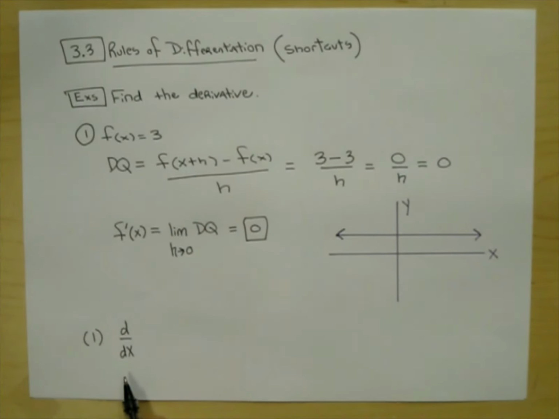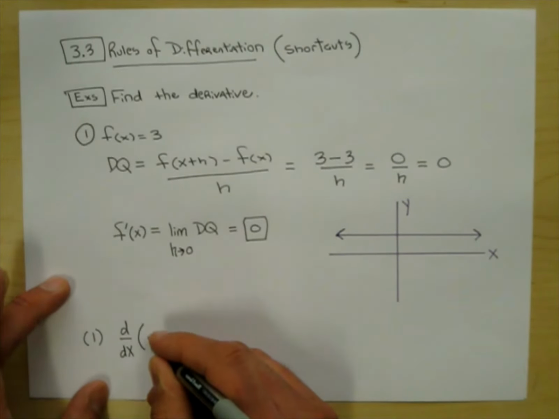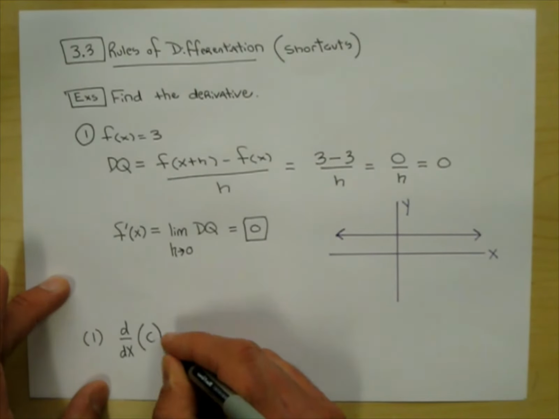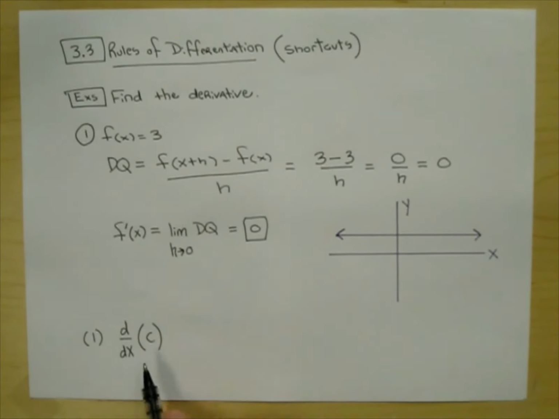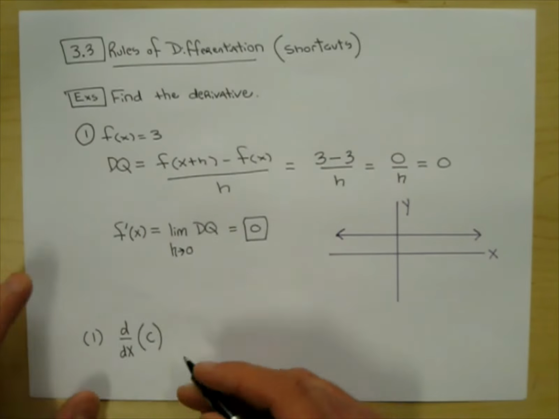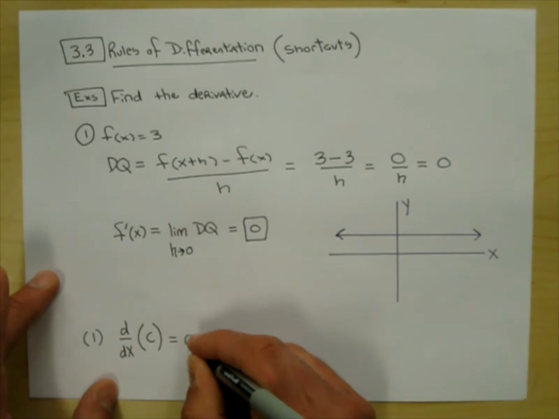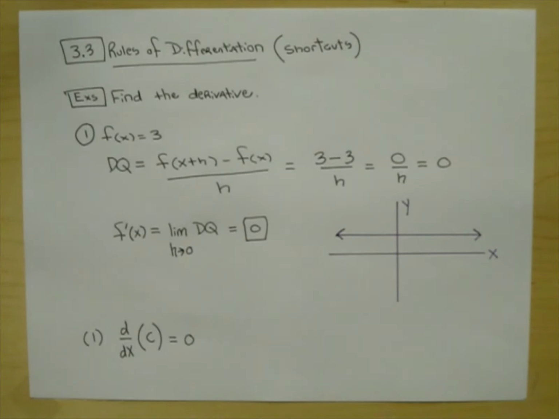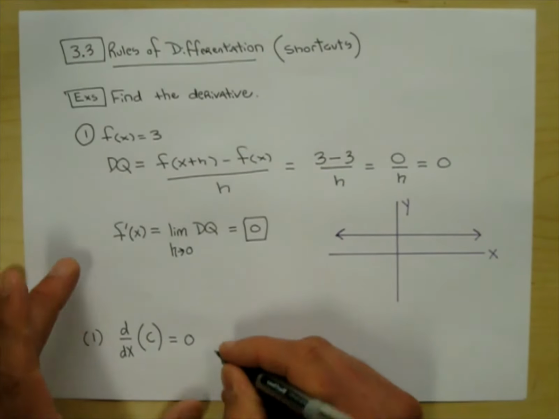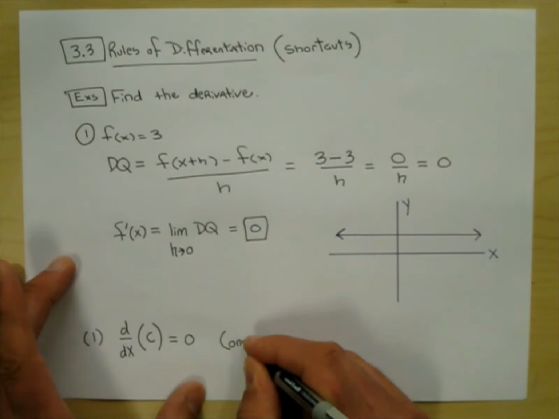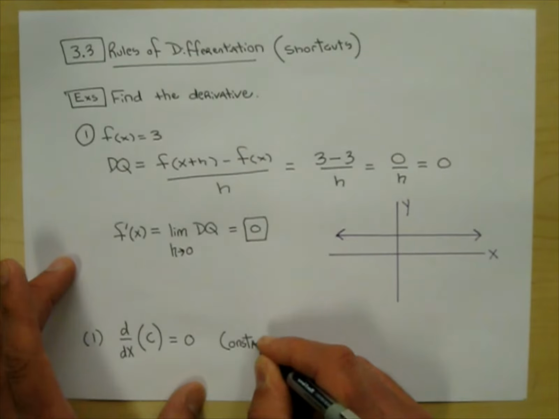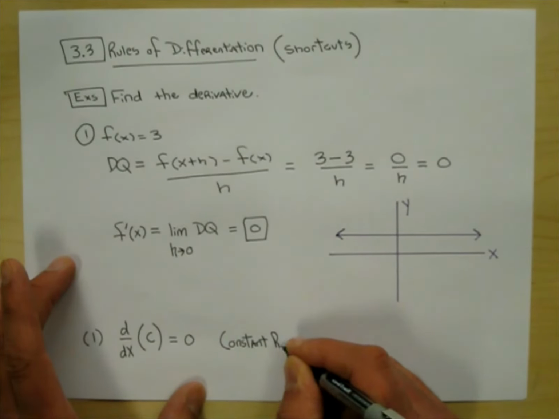That's the other notation for the derivative. That means I'm going to put that in front of the function I want to take the derivative of. The derivative of the function c, in our case it was 3, is 0. And this is called the constant rule.